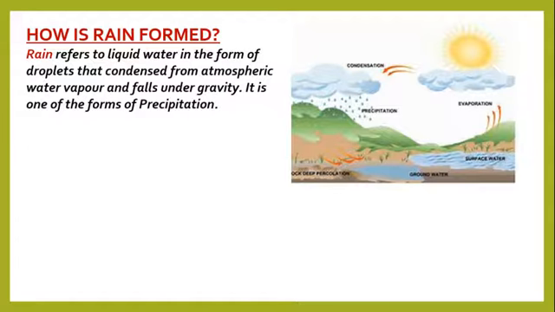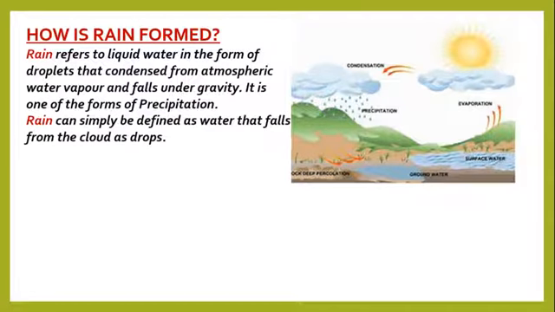Rain can simply be defined as water that falls from the cloud as drops. So let's take note of that. Now, let's go into the main contents or the main reason for our discussion.